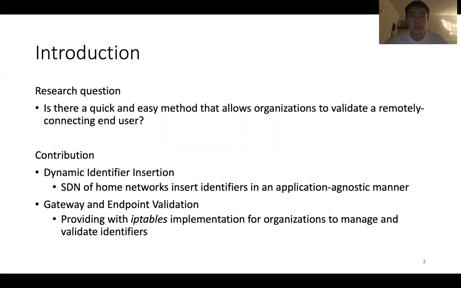In our system, we design a dynamic identifier insertion system based on software-defined networking technology, and we have developed open source IP-enabled modules to help organizations deploy our method easily and conveniently.